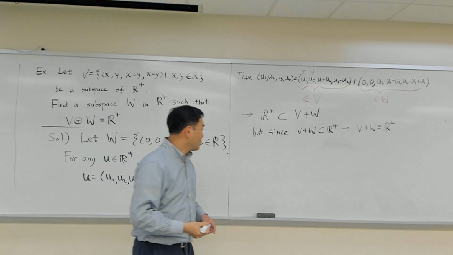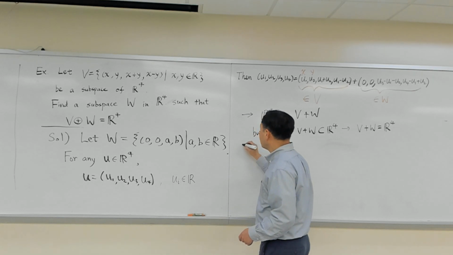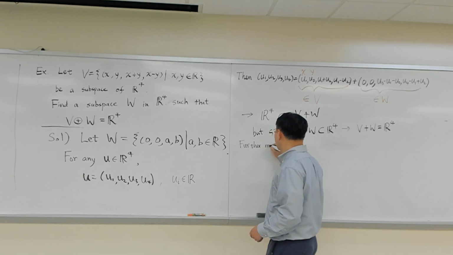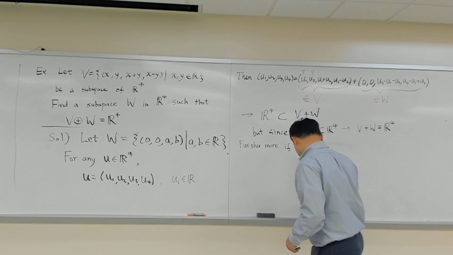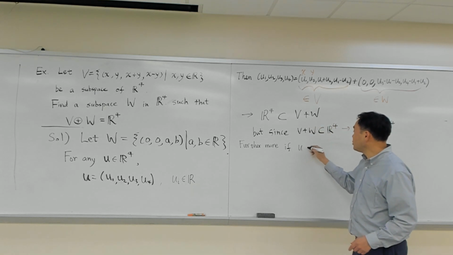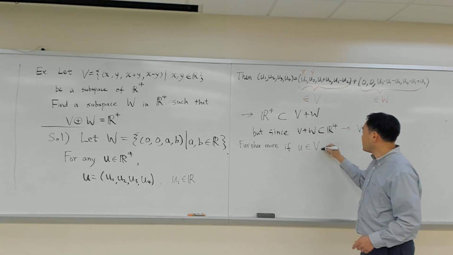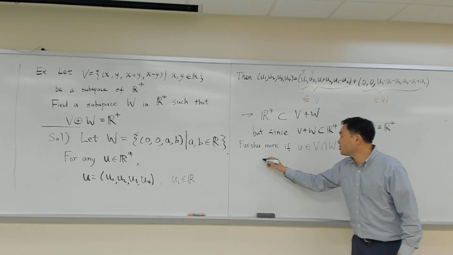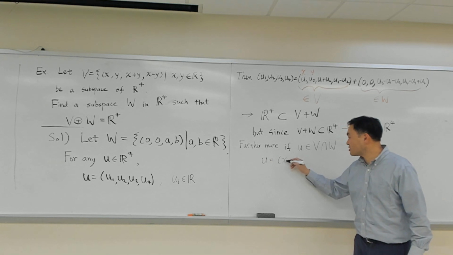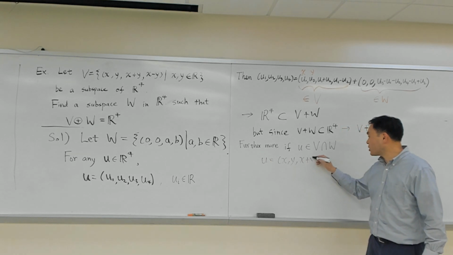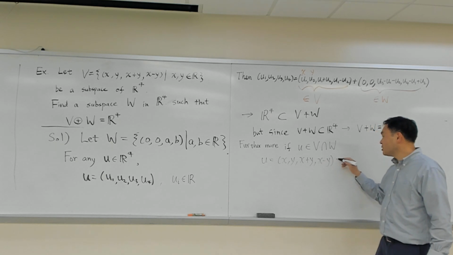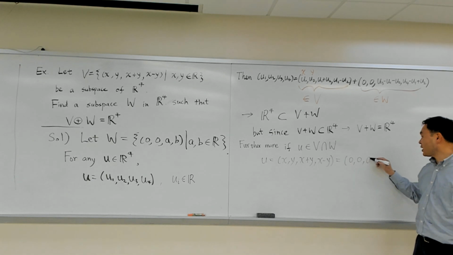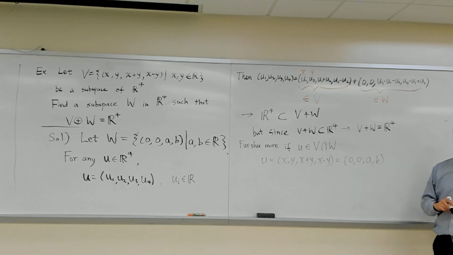So furthermore, if U is in V intersection W, that means U has to be representable as x, y, x plus y, x minus y, but it should also be representable as 0, 0, A, B, right?